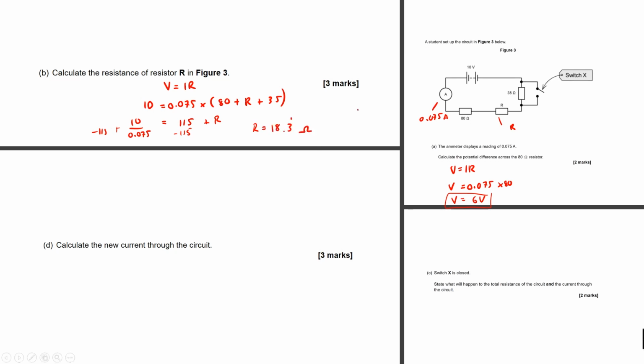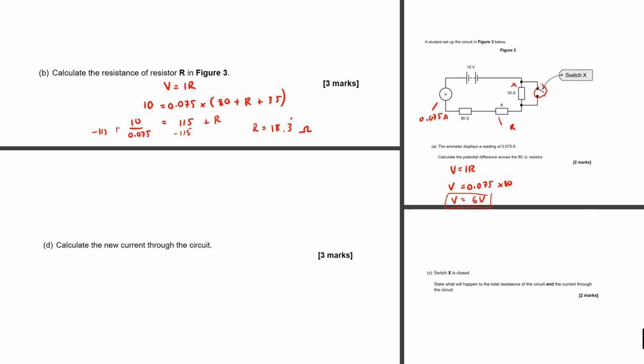Okay, sorry, we have to go to C now. C: switch X is closed. So this switch is closed. State what happens to the total resistance of the circuit and the current through the circuit. If the switch closes, the current will not go through here.